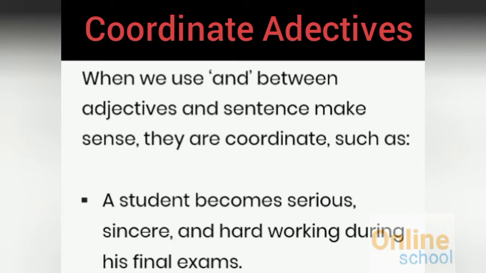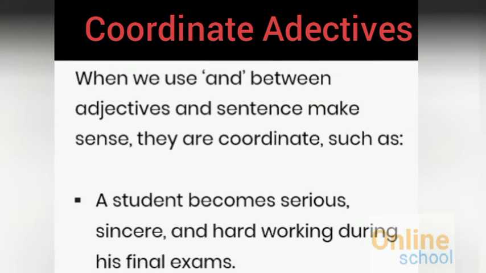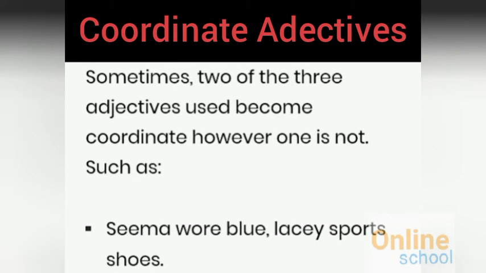When we use and between adjectives and the sentence makes sense, they are coordinate, such as: a student becomes serious, sincere, and hardworking during his final exams. Sometimes two of the three adjectives used become coordinate.